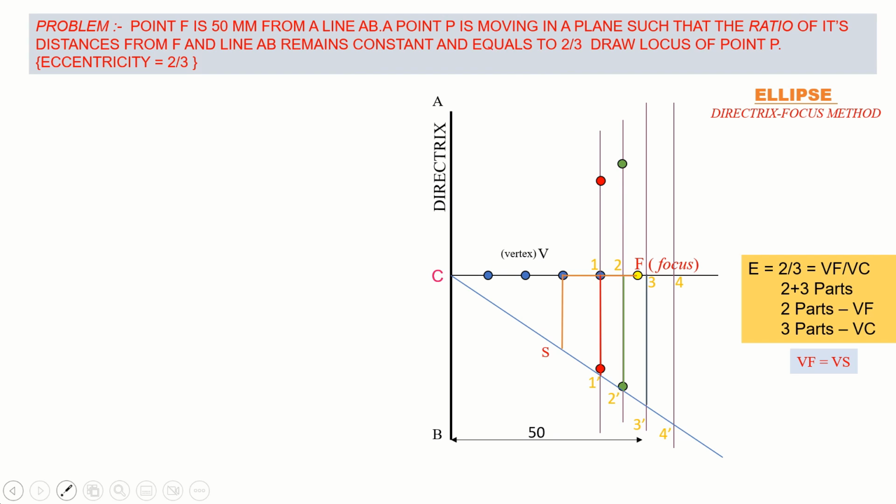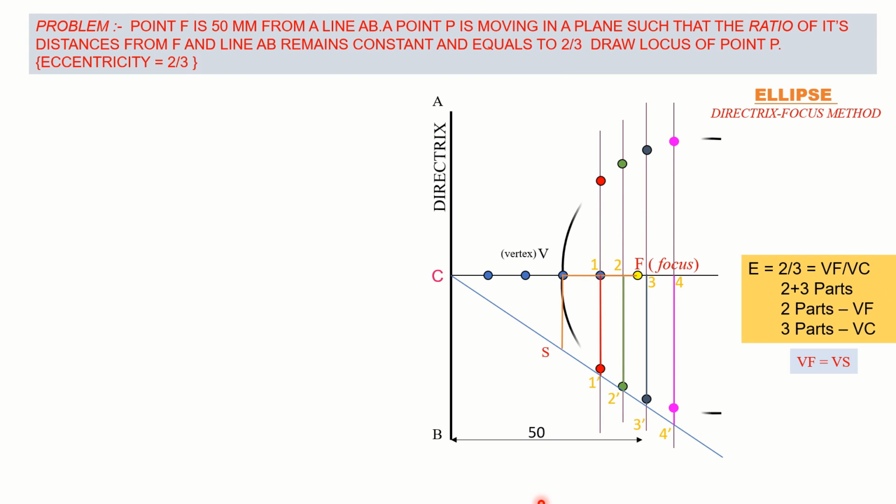And then 3 3 dash as the radius, F as the center, make an arc like this. And 4 4 dash as the radius, F as the center, make an arc on the 4 4 dash line. So by connecting all these points, you have to connect the vertex point also, first, second, third, fourth, and you can get an ellipse.